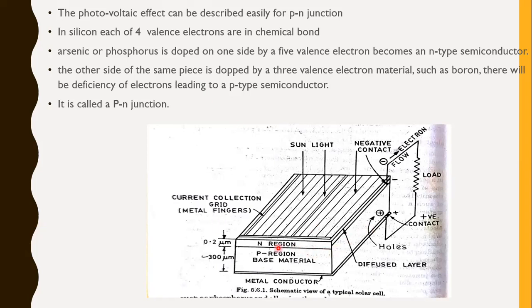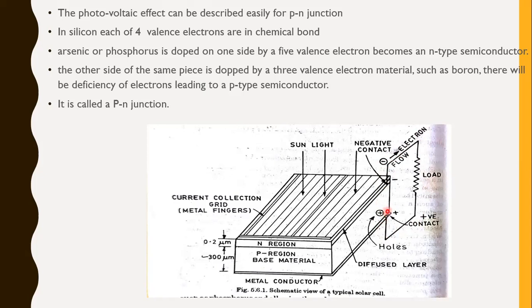This is the n region, this is the p region. In the n region electrons are there, in the p region holes are there. Electrons are denoted by a minus symbol and holes by a plus symbol. If you make a contact between n and p, these electrons will flow from the n-type material through the conductor into the p.